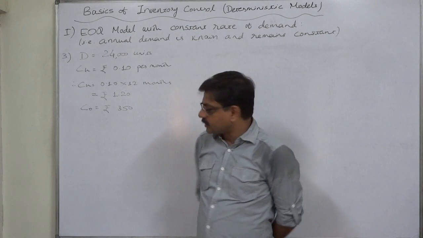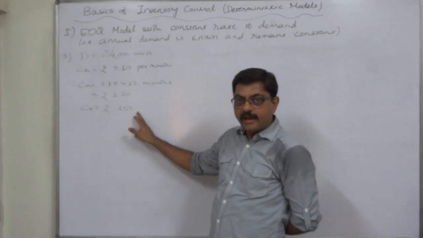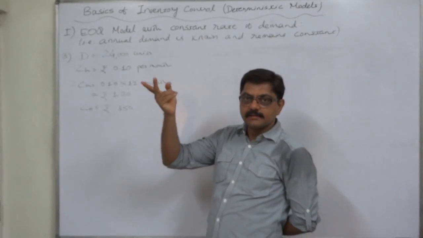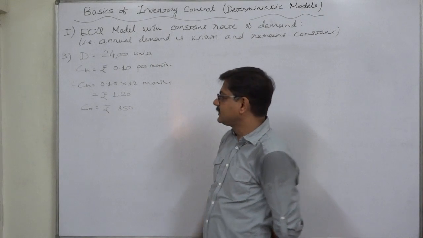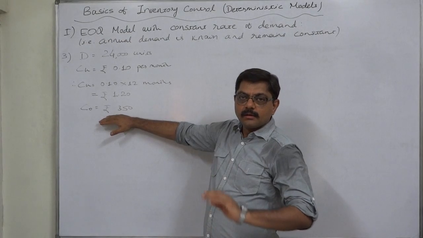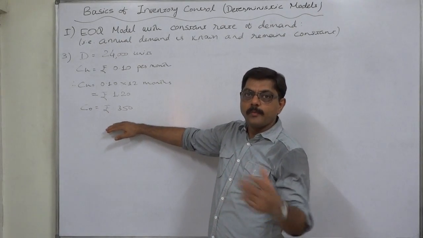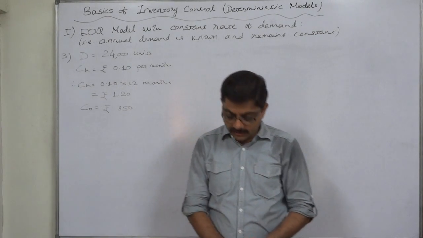And the setup cost, instead of ordering cost per order, where there is necessity of calculating economic lot size or batch size, we have to know about the cost per run or per batch. It is exactly like cost per order, ordering cost.